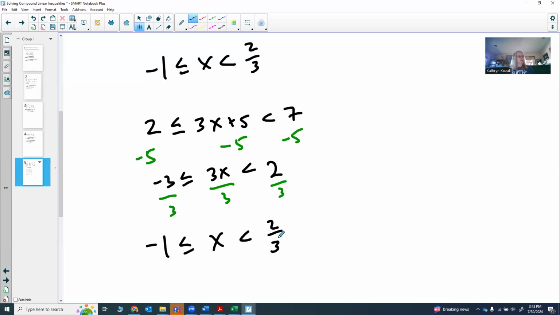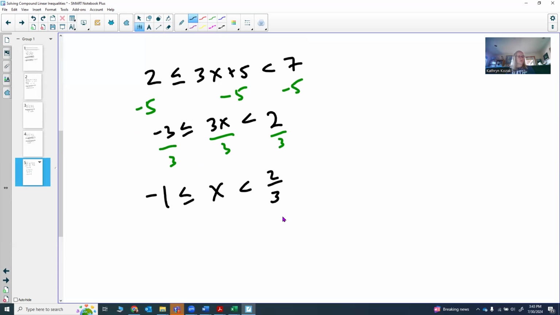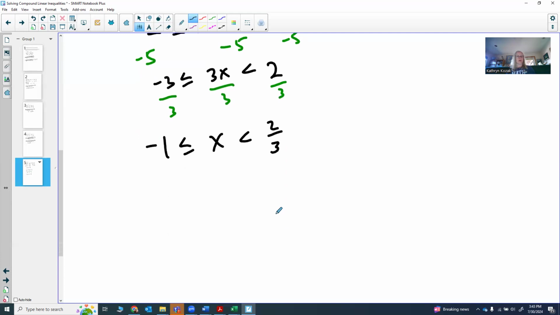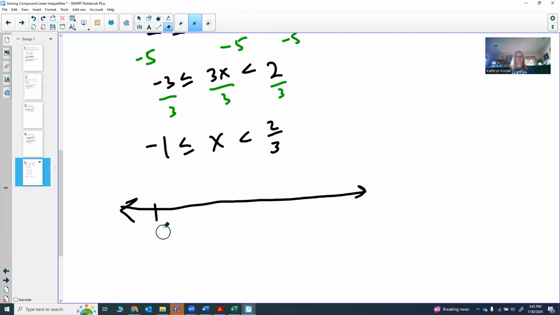Notice you get the same answer solving it as a chain and solving it as separate statements. Either way is fine, so it's your preference as to which way you'd like to do it. Both can be displayed as the following number line.